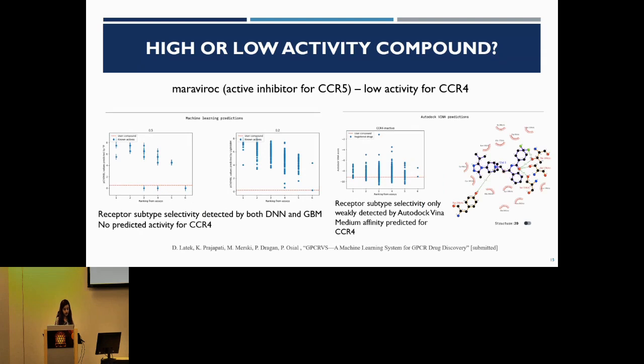So in contrast, it should be predicted as inactive for other receptor types, which when tested for CCR4, both the machine learning models correctly predicted that Maraviroc will have a low activity value. AutoDock Vina was found to not distinguish as well between receptor subtypes, as the estimated docking score for Maraviroc is only slightly higher for CCR4 than that obtained for CCR5.